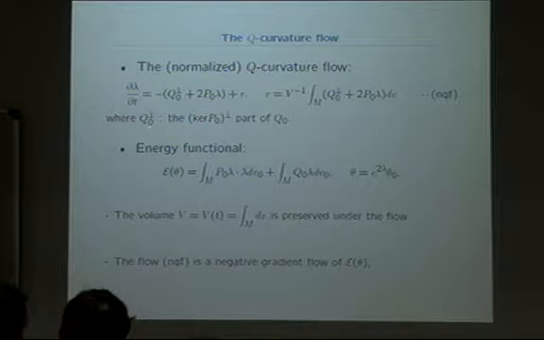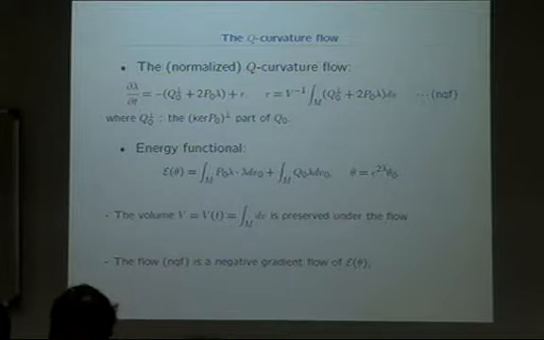Here, Q0 perp is the part perpendicular to kernel P0. P0 is the CR-Paneitz operator with respect to the initial contact form, theta 0.